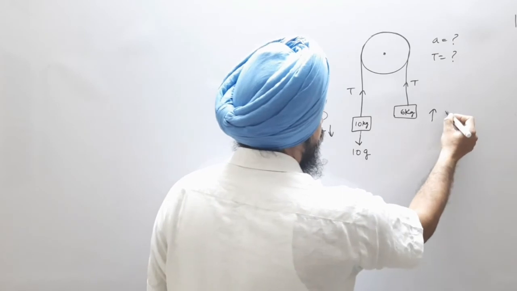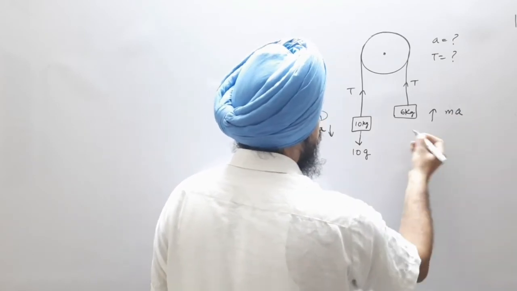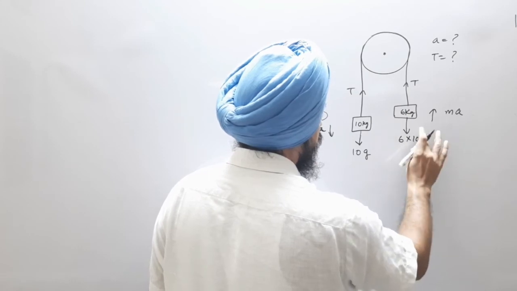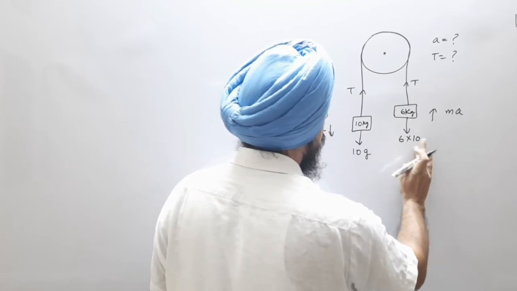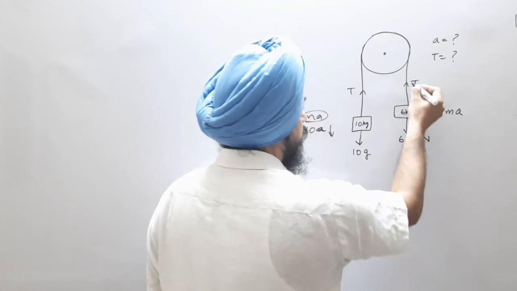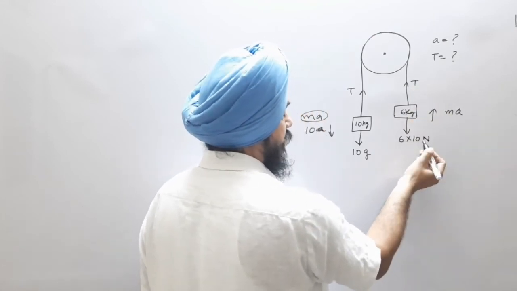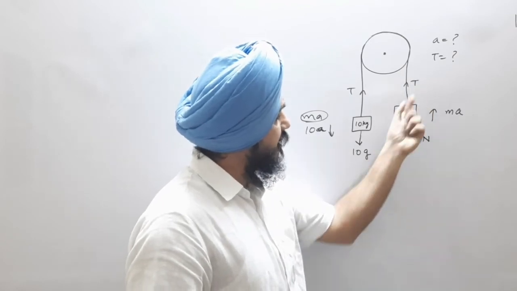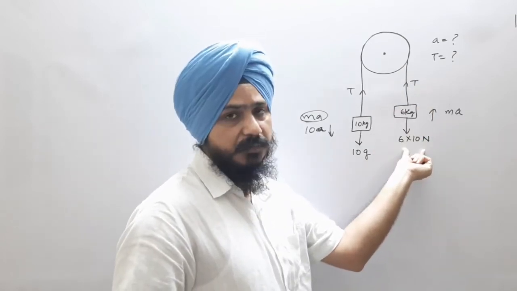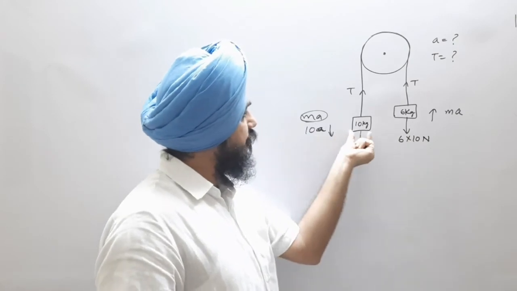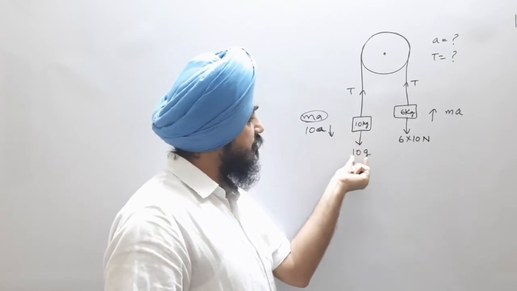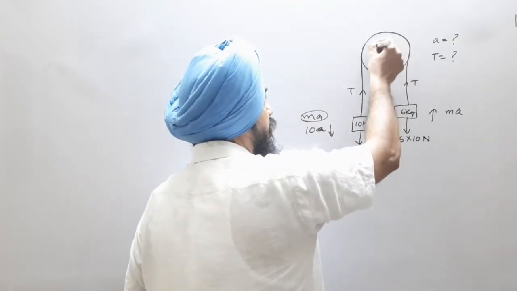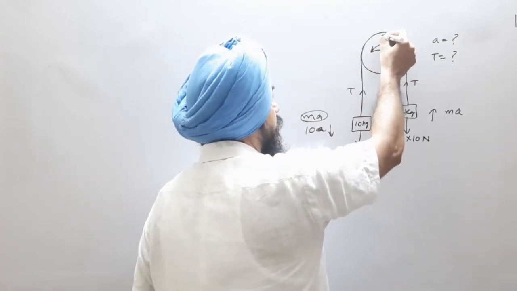Here the mass into acceleration is upwards, so that will be given by tension minus 6 into 10. This mass is moving upwards because the tension is greater than the weight of the block, and this block is moving downwards because the weight is greater than the tension. So the pulley will move like this, the acceleration is like this.